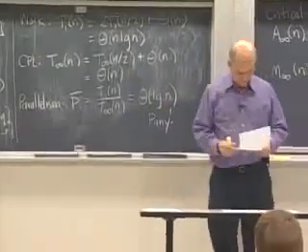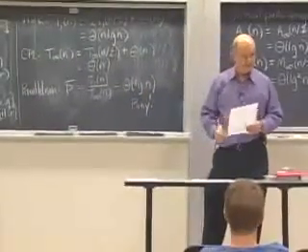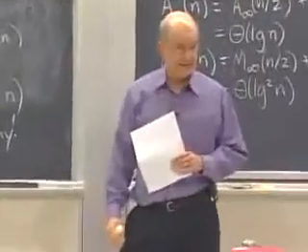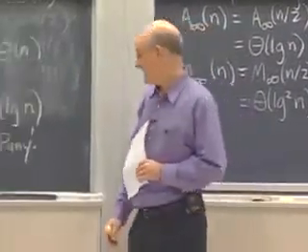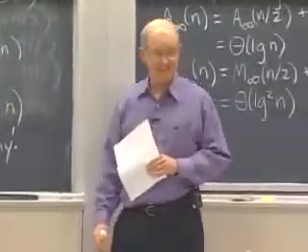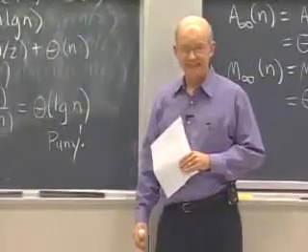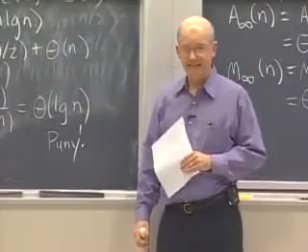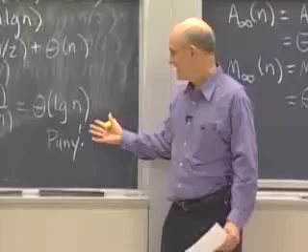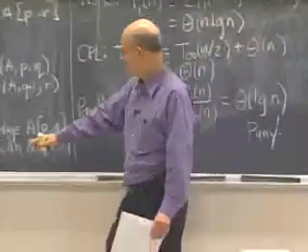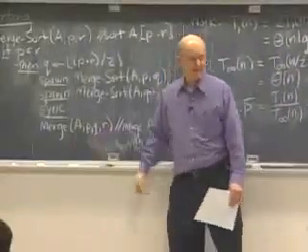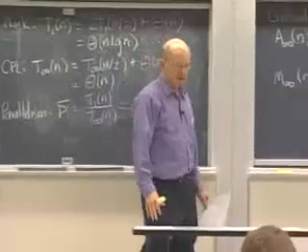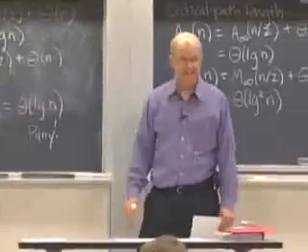Question? How would you expect to do better? Wouldn't your critical path always be at least omega n? Yeah. So how can we do better? That merge takes order n. If I want to do better, what should I do?